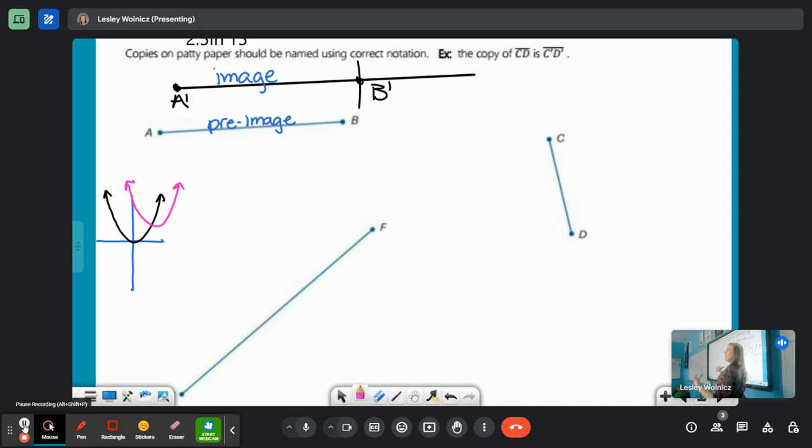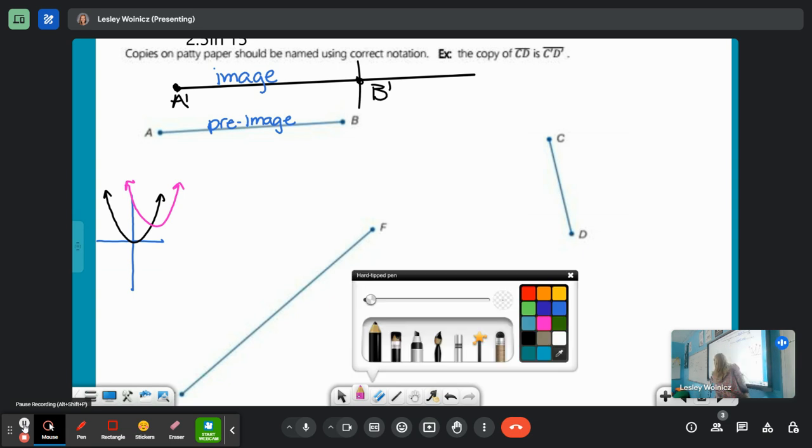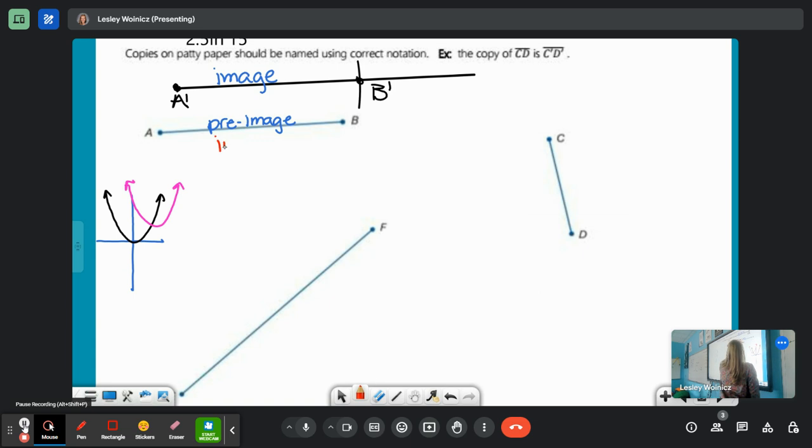So what you can think of is that a transformation is like a function. And for that function, our pre-image is the input. Guess what the image is? Oh, you guys are good.